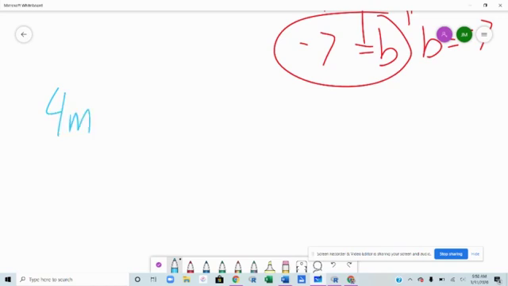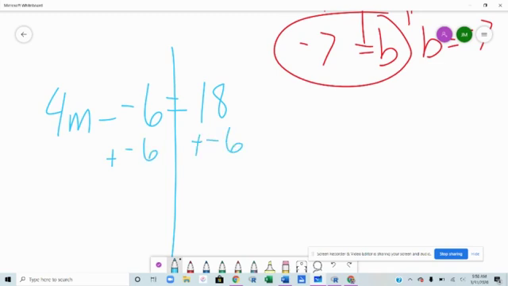For m minus negative 6 equals 18. Draw your line. Your variable's here on the left side. Your constant is this minus negative 6. So because we have minus, you need to add negative 6 to both sides. For m, your minus negative 6 and your plus negative 6 are gone.